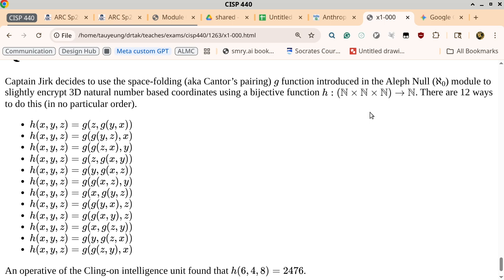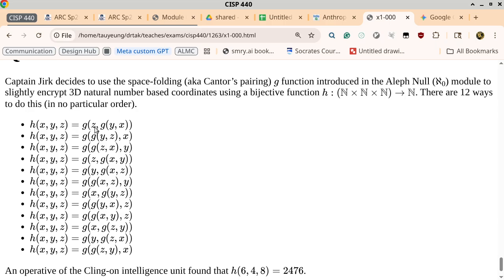Okay, so we'll take the first one as an example. By the way, everybody has a different list, which is completely randomized, so if yours doesn't look like this, it's completely normal. So the h function is defined as the g function applied to two natural numbers.